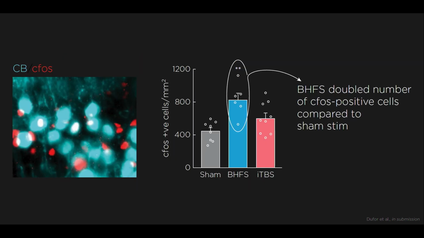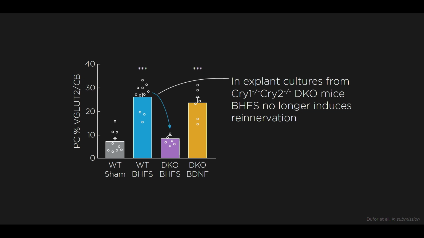And in quantifying also the number of CFOS positive cells, we see almost double the amount of CFOS positive cells using a high frequency stimulation protocol compared to sham. So there's cellular activation in addition to observed structural changes. In this paper, there was also a very interesting experiment in which they knocked out the Cry1, Cry2 genes in mice.